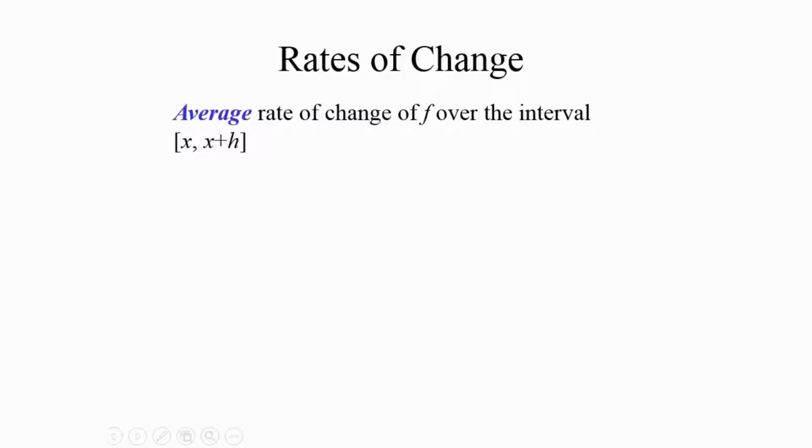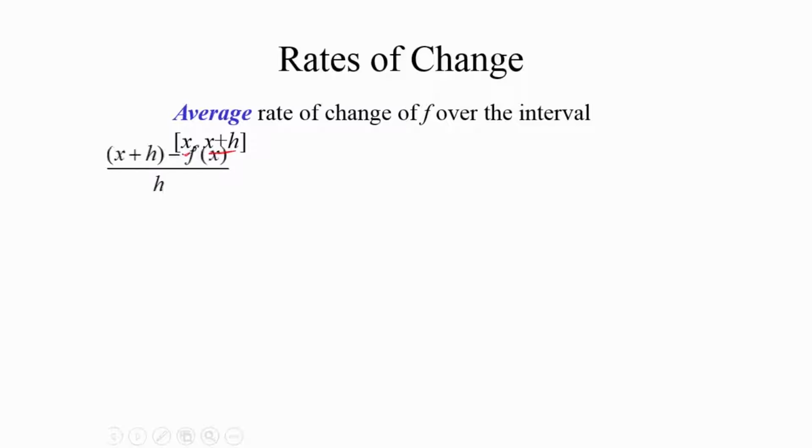Rates of change, because that's basically what a derivative is: rates of change. The average rate of change of a function f over the interval x and x plus h. Again, that's the x value and that's the y value, right?